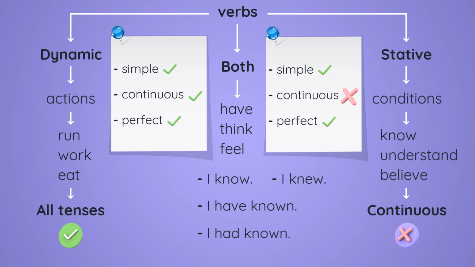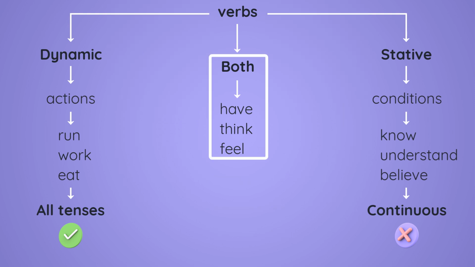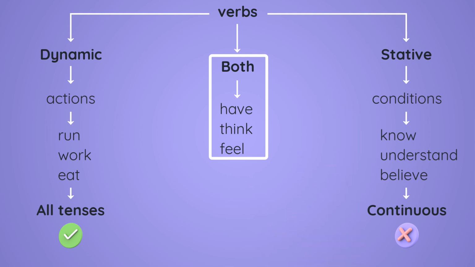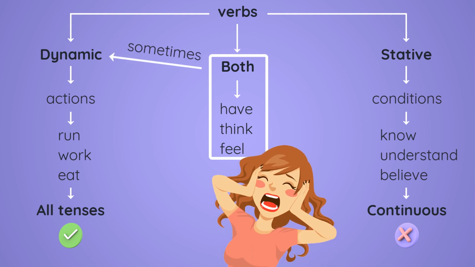Alright? Now, just for you to know, there are also some verbs, not too many, a few, which are a little bit more difficult. Why? Because those verbs can sometimes be used in a dynamic way, and then we can use them with all the tenses, and sometimes they can be used in a stative way, and therefore we cannot use them in the continuous.